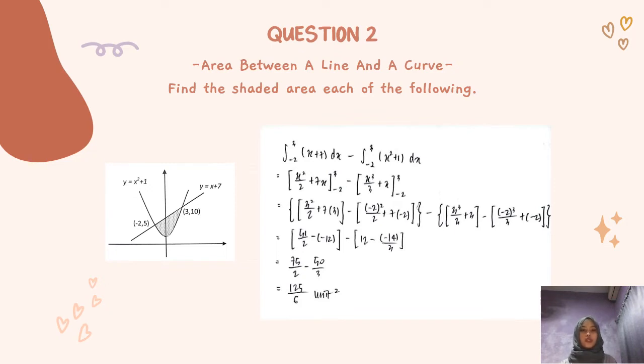So first of all, we get y equal to x squared plus 1 for the left side, and for the right side we get y equal to x plus 7. So for this shaded area, for the left side we get negative 2 for the x and 5 for the y.